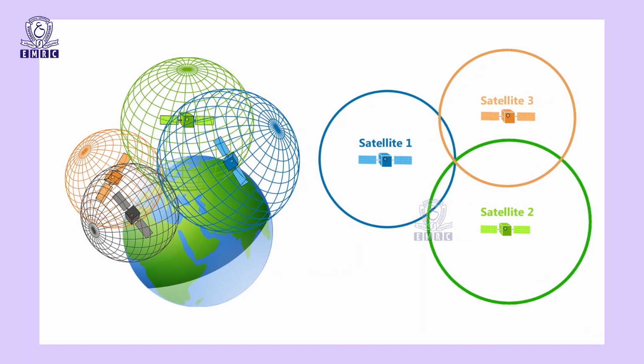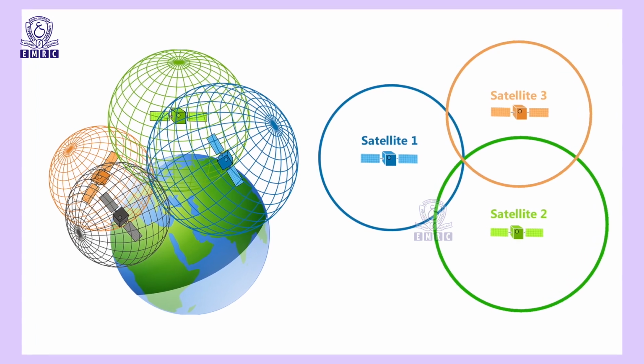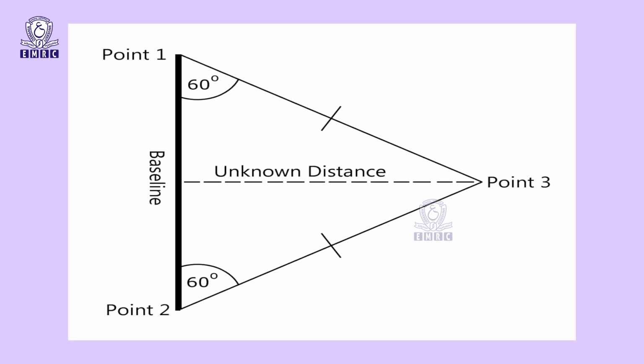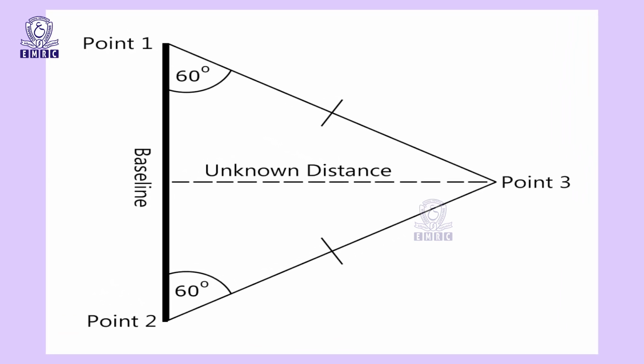Using a process called trilateration, the GPS receiver then mathematically determines its position by using the calculated pseudo ranges and the satellite position information that has been supplied by the satellites.